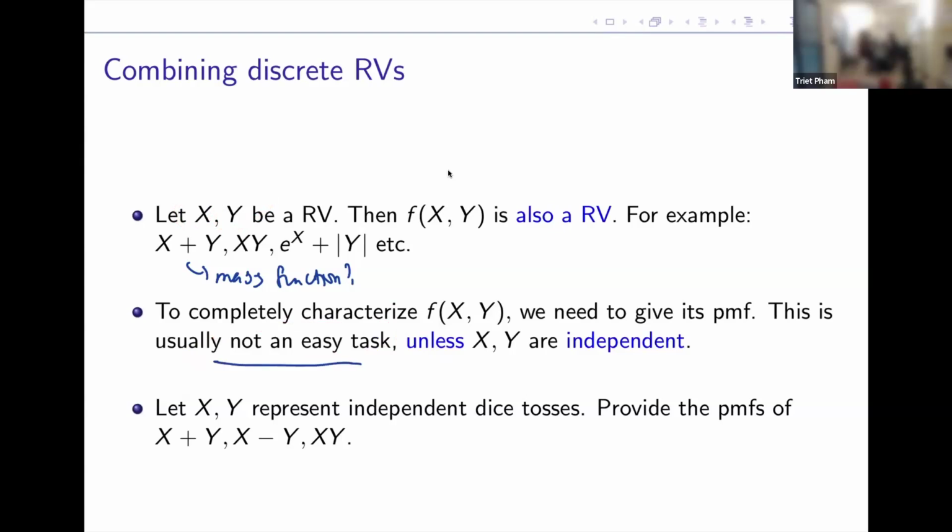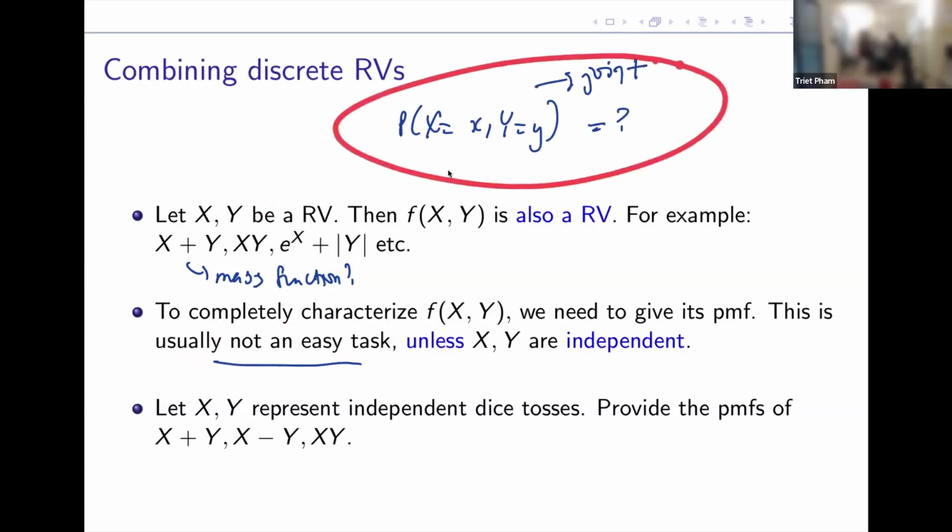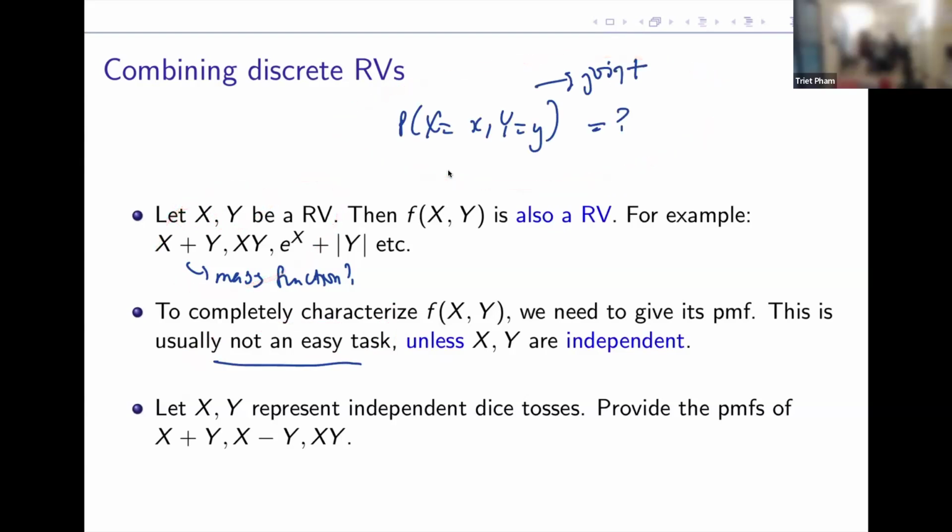Basically, you need to know the joint distribution of x and y. To figure out a combination of x and y, it's not enough to know the marginals, not enough to know about x and y alone, but you need to know about the interaction of x and y, namely the joint. So this is a much more difficult operation.